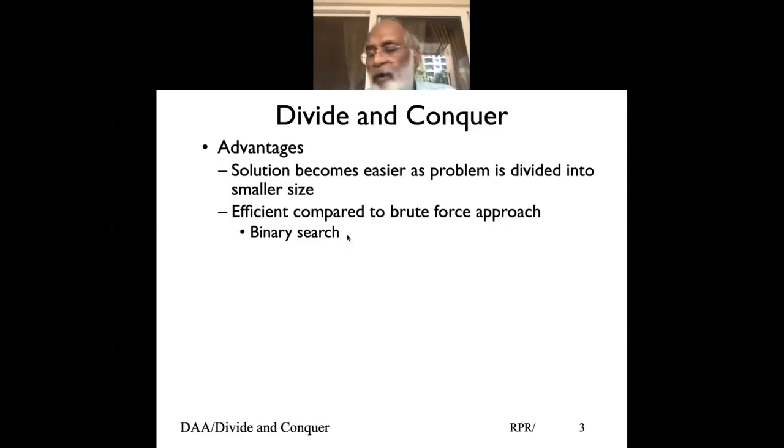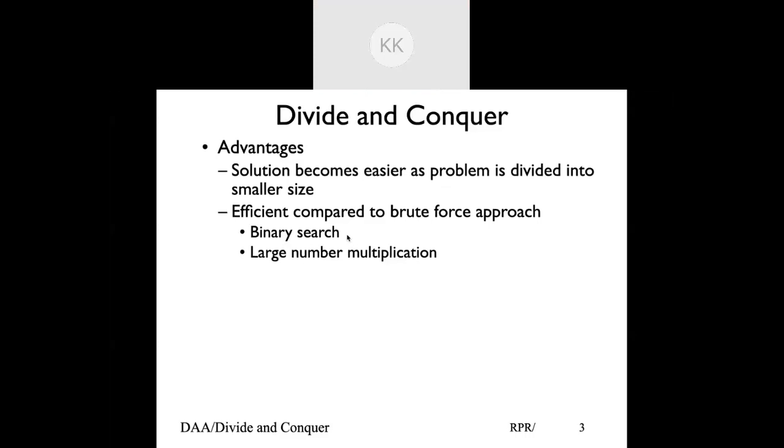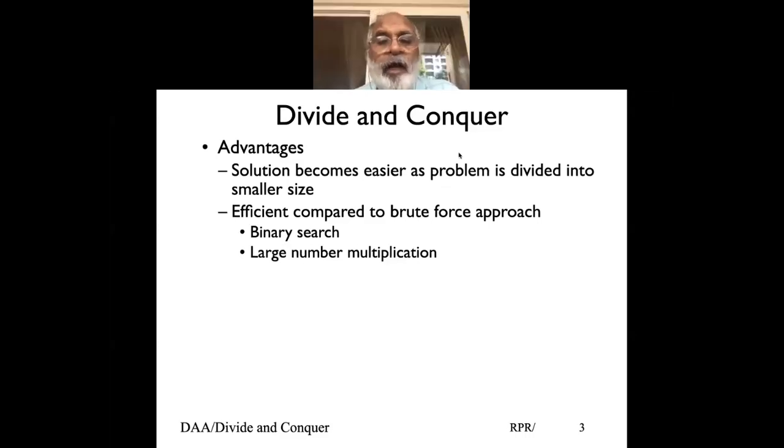Day before yesterday, we also looked at large number multiplication using the Karatsuba algorithm. Using it, we divide the number into two parts, and further into two parts, till we get single-digit numbers, and then we are able to solve that as well.